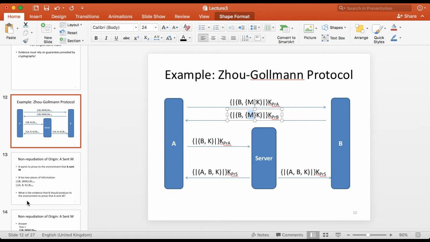Okay, so some kind of financial transaction or business transaction that you perform, and M can, in this case, as an example, be the receipt for that financial transaction.